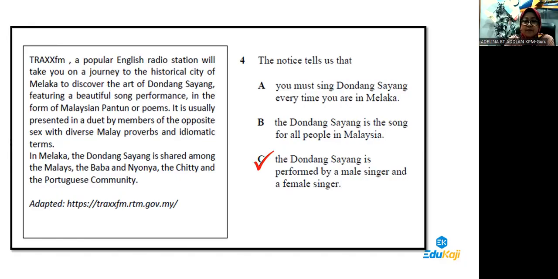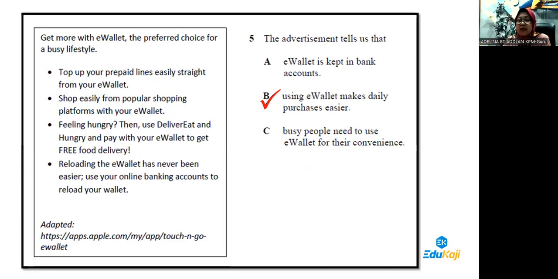Alright. Okay, number 5 again. If you look from number 1 right up to number 5 at the moment, everything is asking about general ideas, general information. If you remember the set that I did previously, there was one where from number 1 right up to number 7 and number 8, the question is asking students to find which is a true statement.